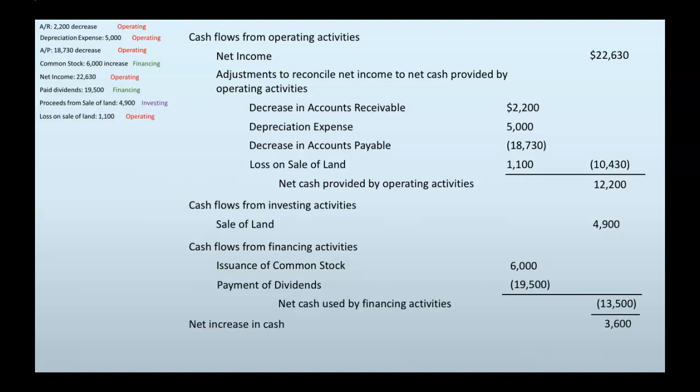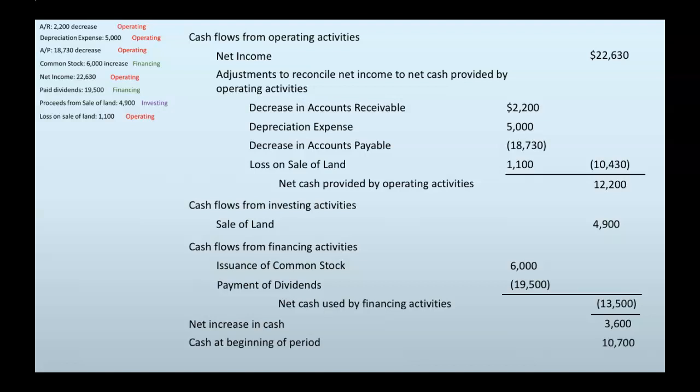Now, we can figure out our net increase in cash. To do that, we take our net cash provided by operating activities, the $12,200, add in our cash provided by investing activities, that's the $4,900, and then subtract out our net cash used by financing activities, the $13,500, and you will see that we have a net increase in cash of $3,600.